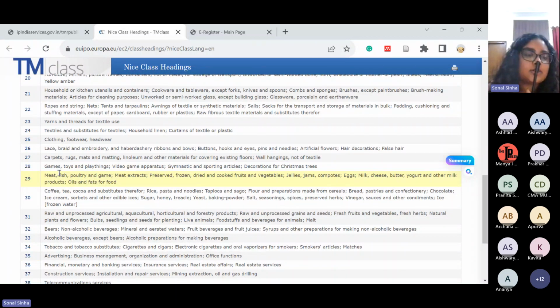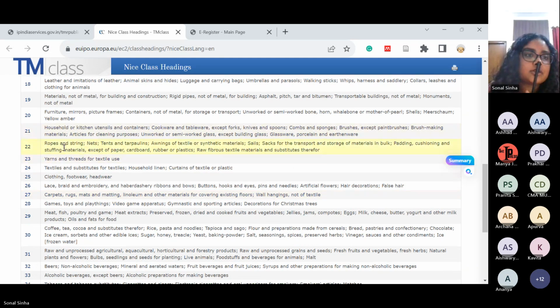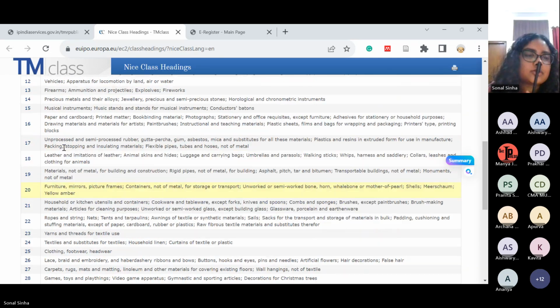Is there anything else that looks relevant to us? Not really. Instructional teaching materials, plastic sheets.